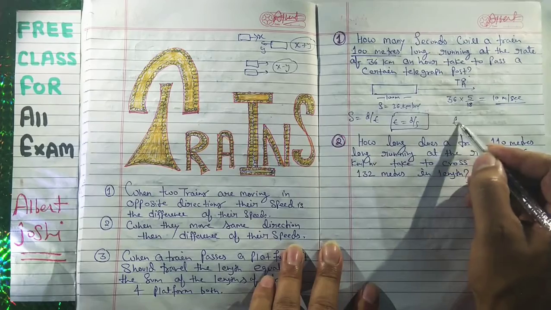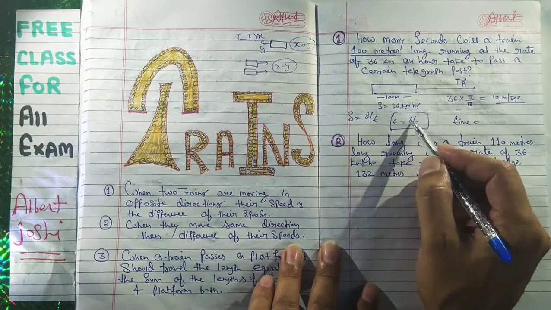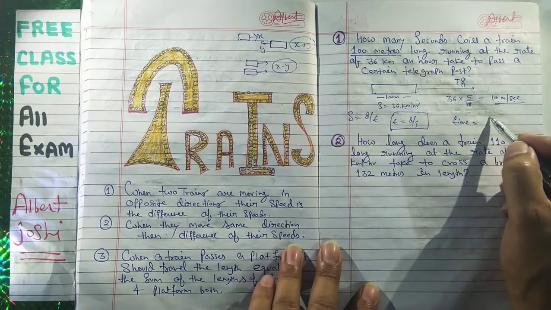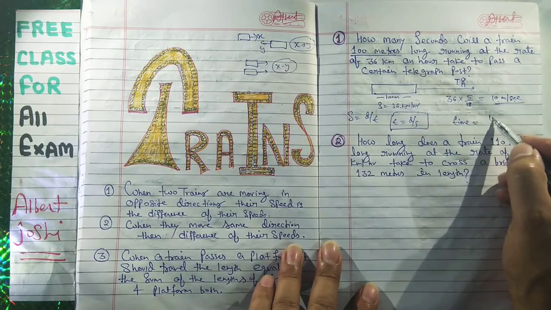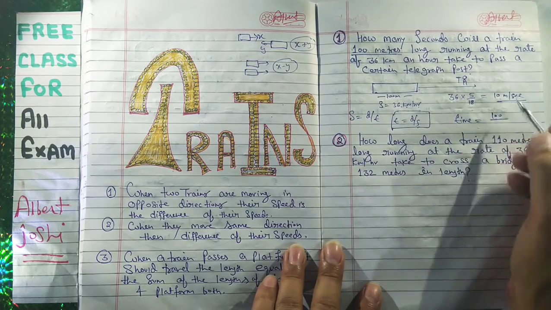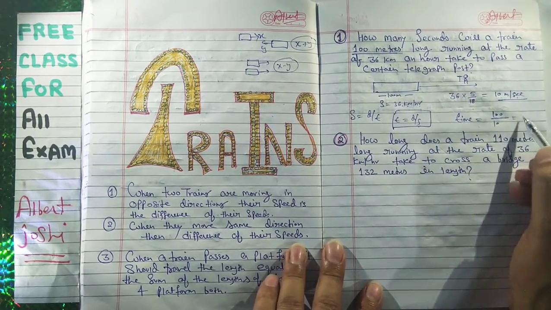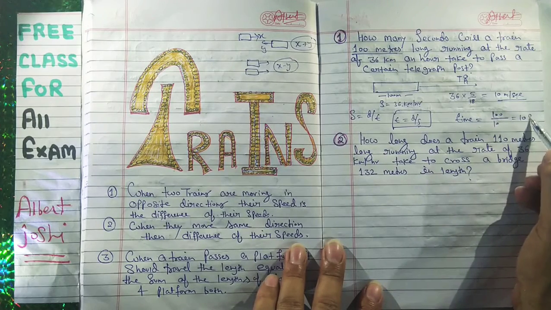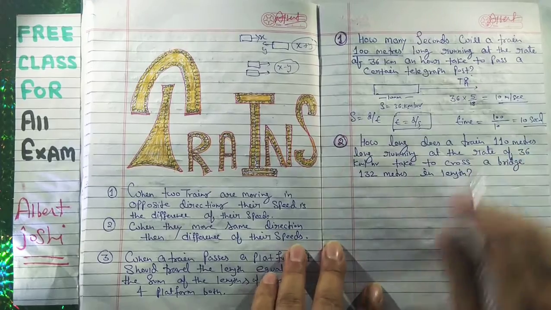What is the distance? Distance is the length of the train, that is 100, upon speed, 10 meter per second. So you will get 10 seconds. Okay, very simple.